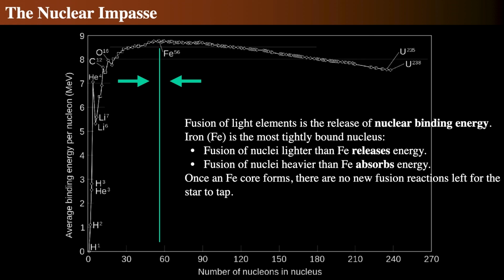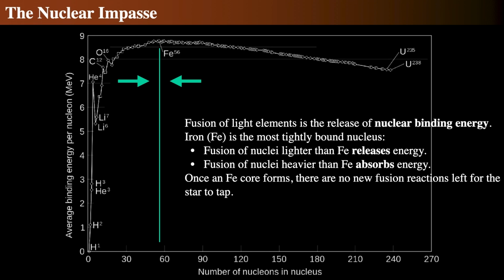And the reason for this iron nickel problem is what we call the nuclear impasse. Now, why are we caring about this? This is what's going to happen. This is why there's a big problem. When you fuse light elements together, you release energy. You release energy in the form of light, and you release energy in the form of neutrinos. But iron is the most tightly bound of those things.